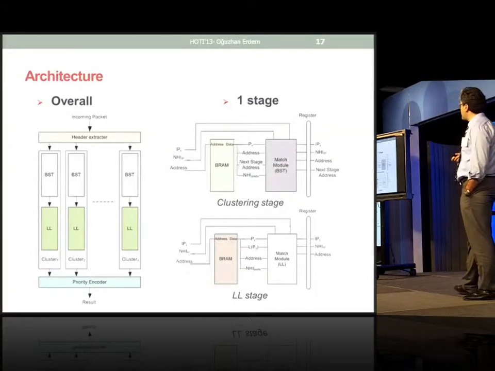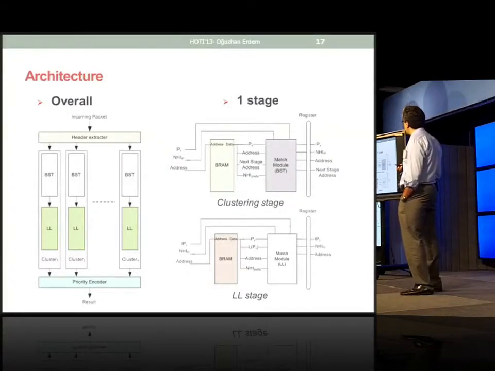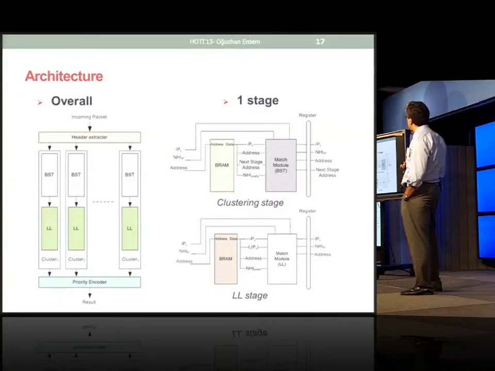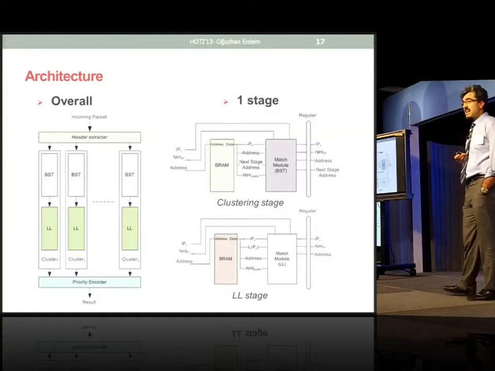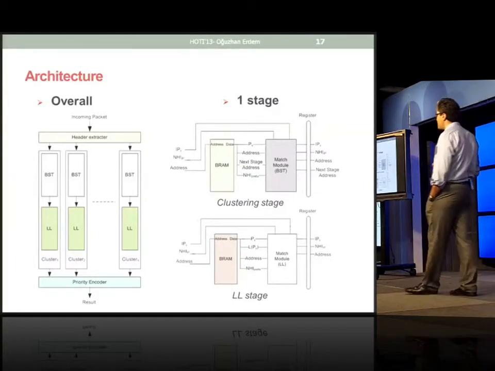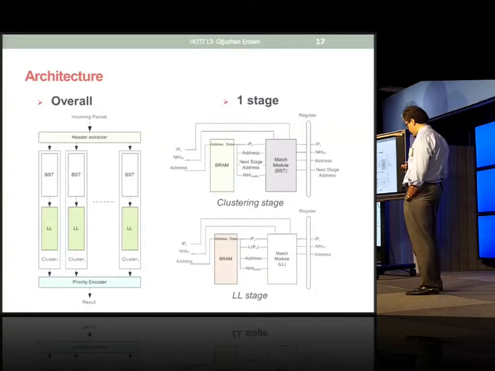Each level in the tree is mapped onto a unique stage in that pipeline. Similarly, the linked list data structure is mapped onto the LL pipeline. The number of pipelines depends on the number of clusters, and the number of stages in each pipeline depends on the depth of the data structure used.